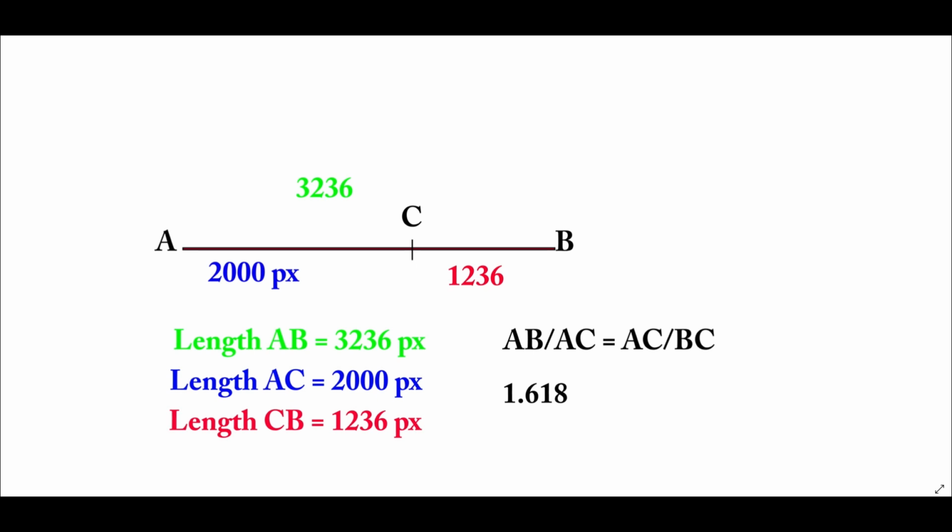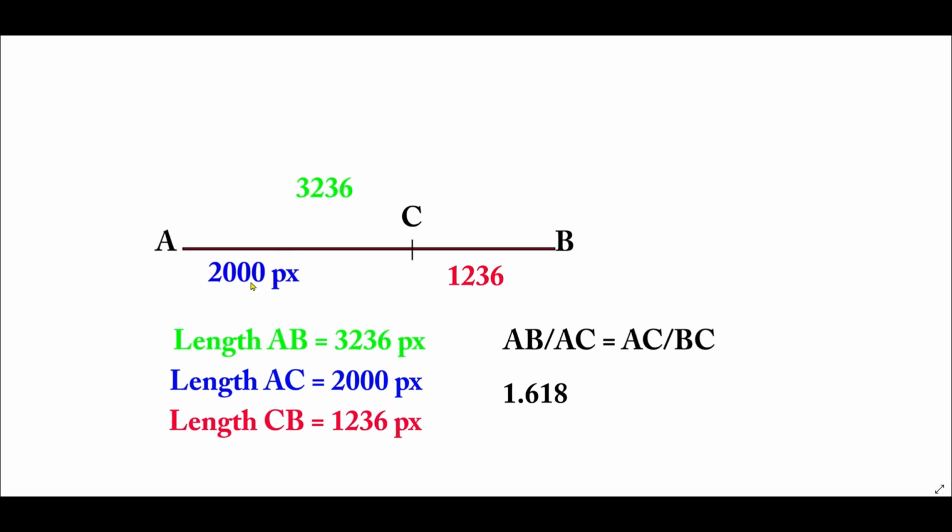So here's the finished diagram I've just made in Photoshop. I wanted to show you the golden ratio in relation to a straight line and where the line intersects. I used the measurements from the golden rectangle, the 2000 pixels and the 3236 pixels.